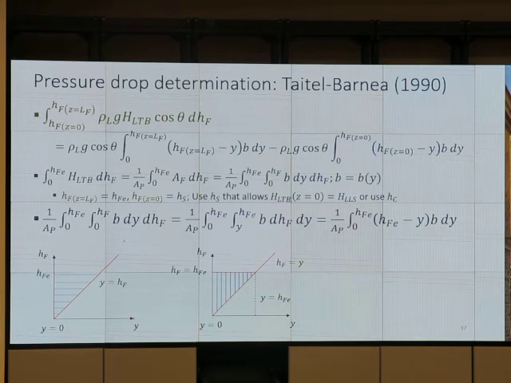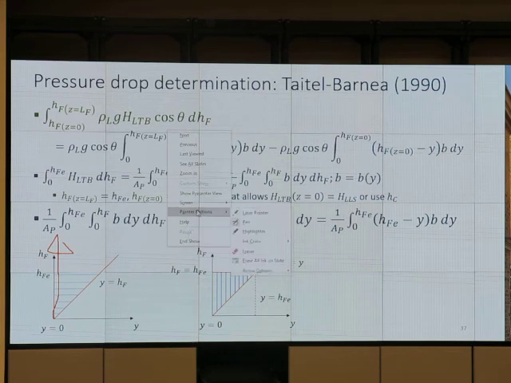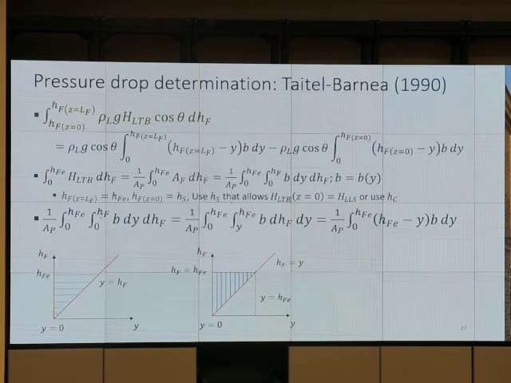y equal to 0, right now y is the horizontal axis. y equal to 0 is a vertical line, right? y equal to 0 is the vertical axis for this case. And y equal to HF is a 45-degree line, right? And I do the integration from that line to that line.